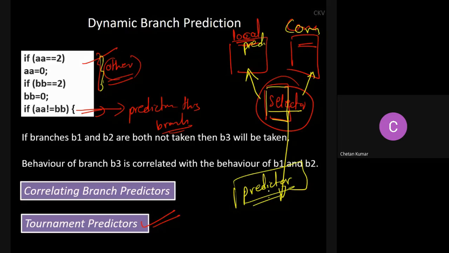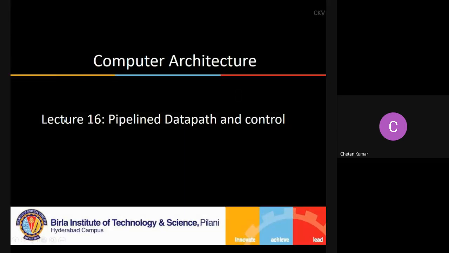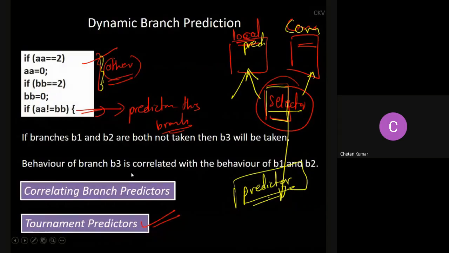Maybe I am not clear enough. What I said is it will select the prediction to either come from this predictor or this predictor. So what does this second level of predictor do?